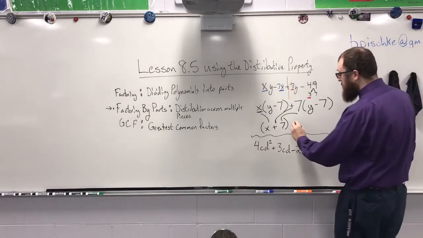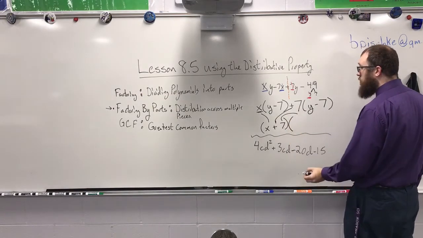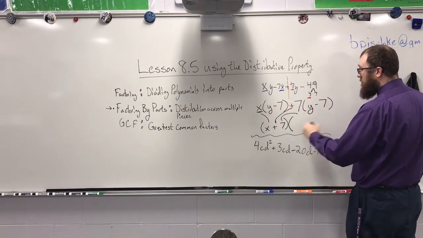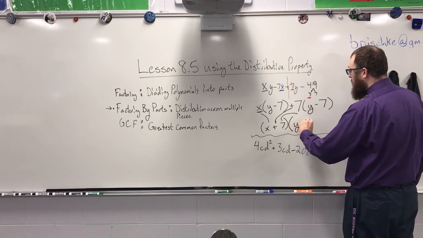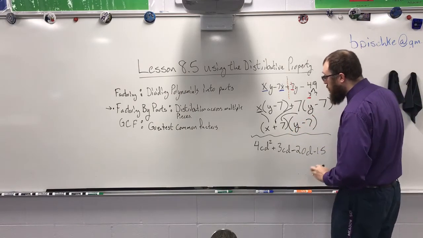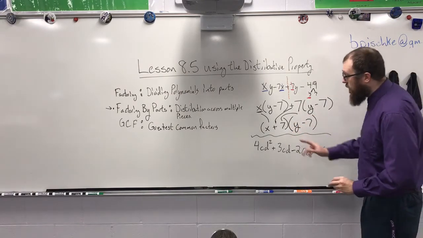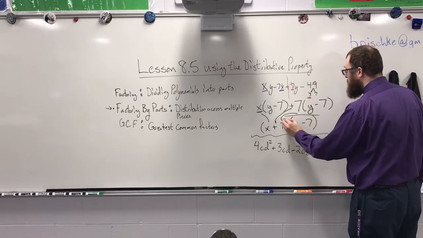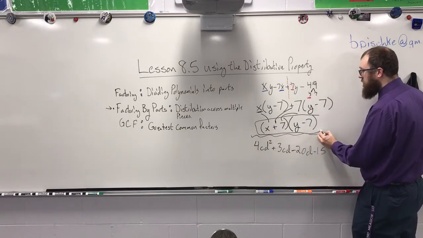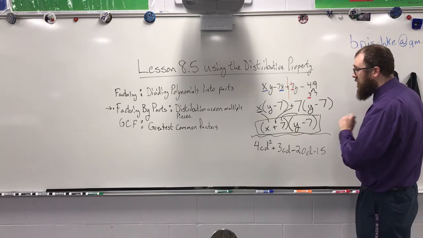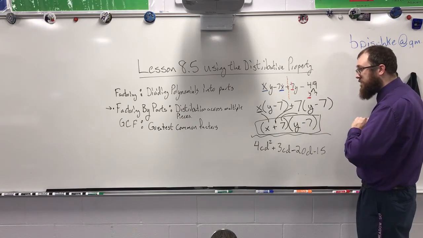In my second set of parentheses, I'm going to put the thing that I have on both sides, y minus 7. I don't need two of them, just one of them. This becomes my solution. X plus 7, y minus 7.